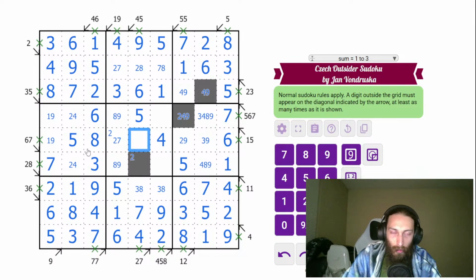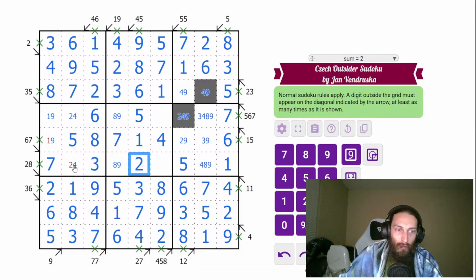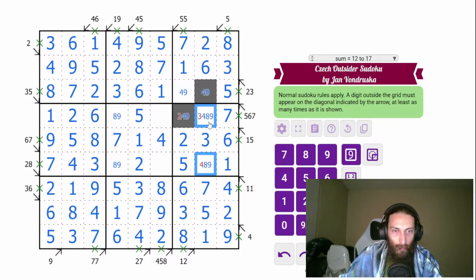The 2, 7 pair. 9, 6, 5, 7, 4. 1, 7, 8, 3. 2, 8 pairs is going to give us a 3 and a 1. Row 5. One of these two is a 9.